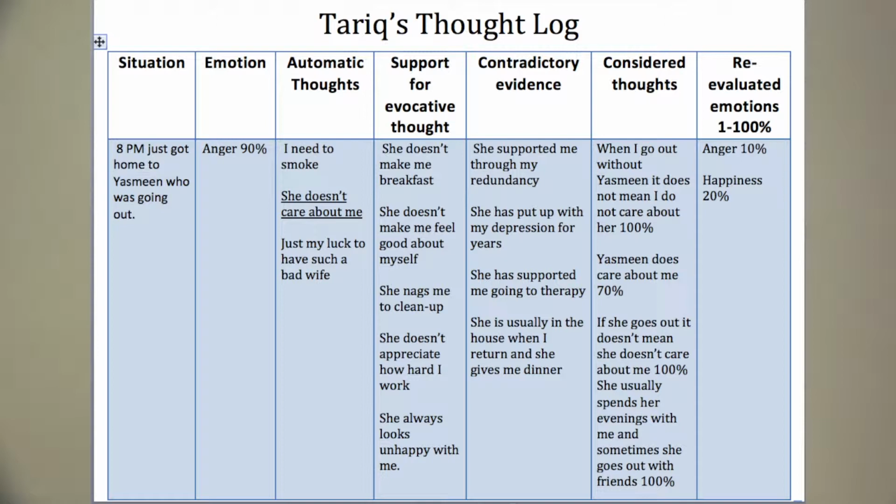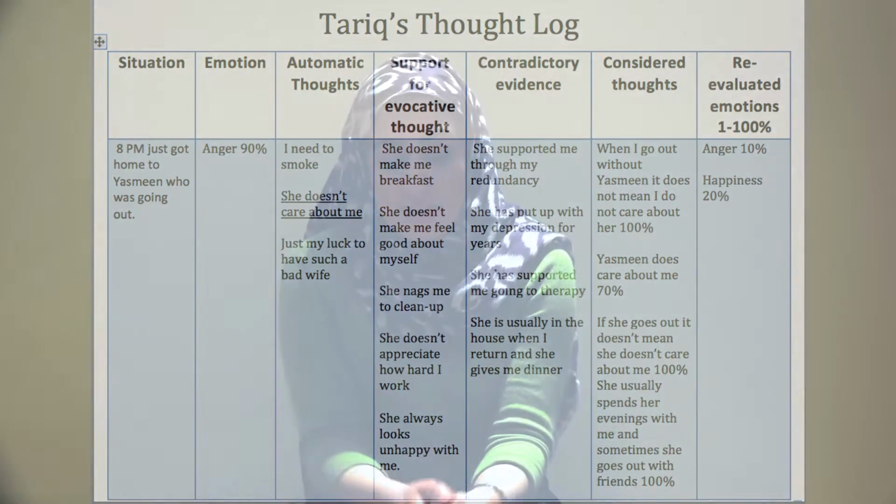Again, as he's very angry, he's able to write down quite a lot of evidence straight away in the fourth column. He's got, she doesn't make me breakfast, she doesn't make me feel good about myself, she nags me to clean up, she doesn't appreciate how hard I work, she always looks unhappy with me. Now notice that the final two statements he's got there, they're not actually facts, they're interpretations.